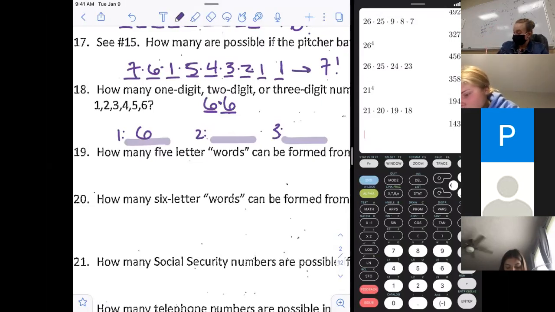So I'm going to multiply those to get 36. And then a 3-digit number is the exact same. It's not just 6 times 6, it's going to be 6 times 6 times 6, because 222 is a legit 3-digit number, even though there's a 2 in all 3 of my spots. So 6 times 6 times 6 is 216.